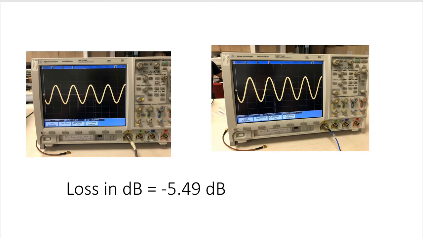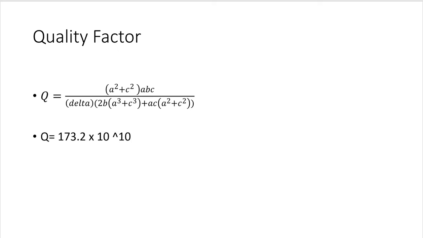For the next step, I have calculated my quality factor by this formula. This formula only works for T101 mode, which is the mode that I am using now. The quality factor is 173.2 multiplied by 10 over 10.